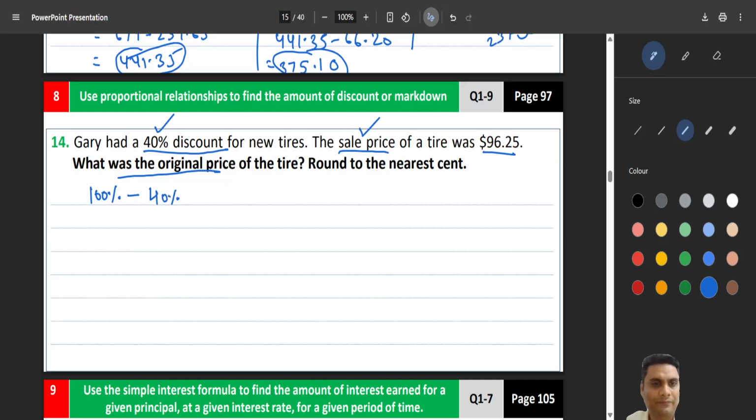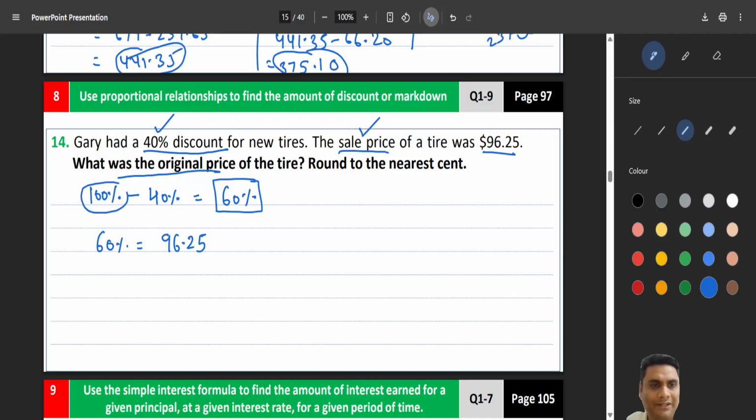So how much will be left? 60%. That means how much did I pay? I paid 60% of the original amount, correct? And this 60% was equal to how much? 96.25, correct or no?